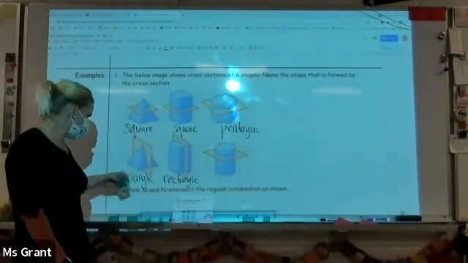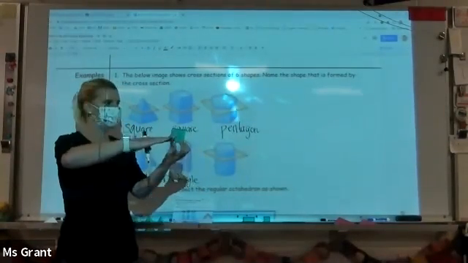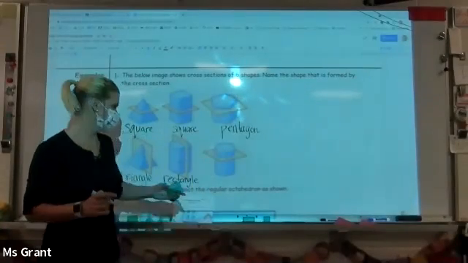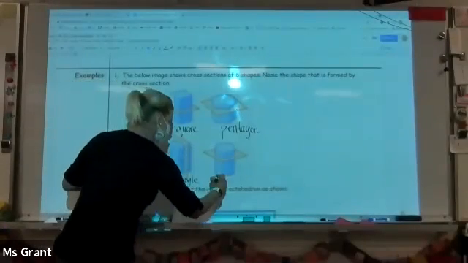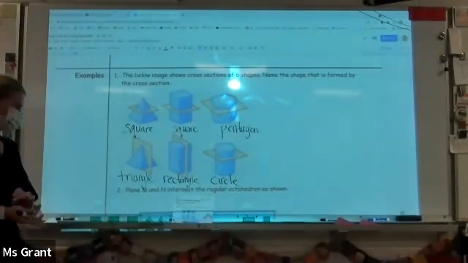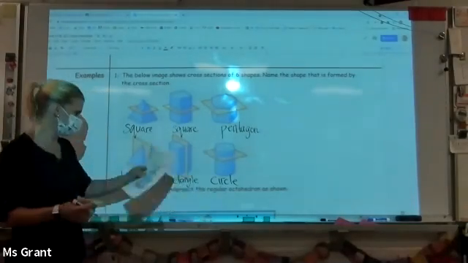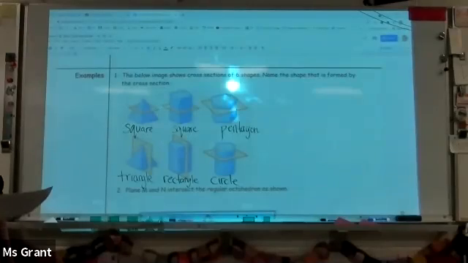And then a cylinder, horizontal cross section through the orange, a circle is inside. Okay. So easy, right?